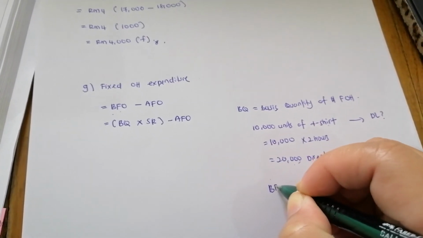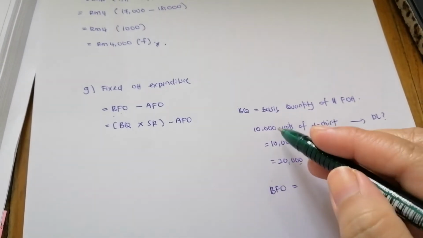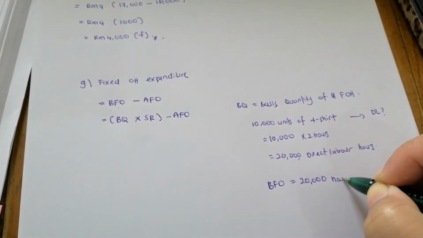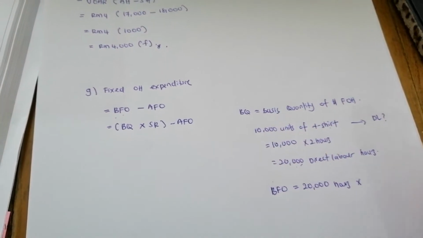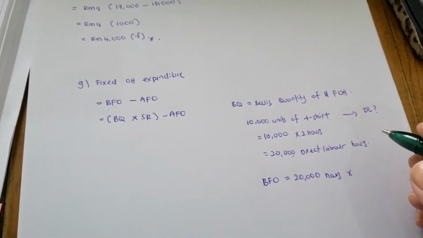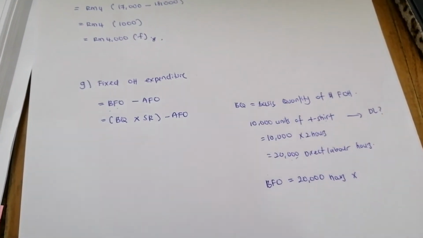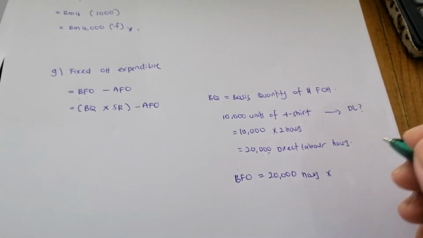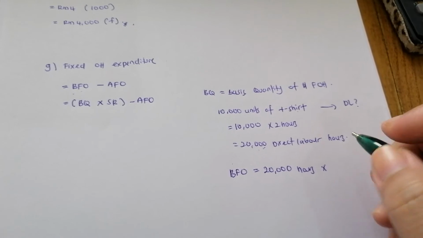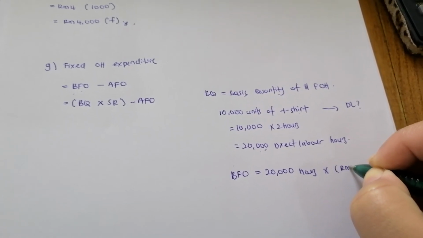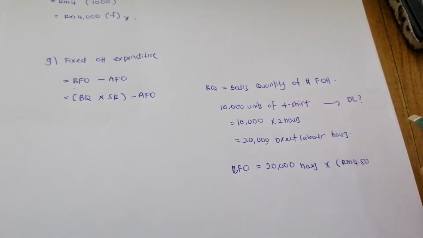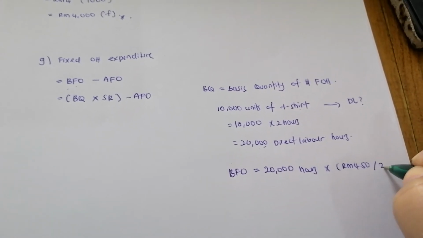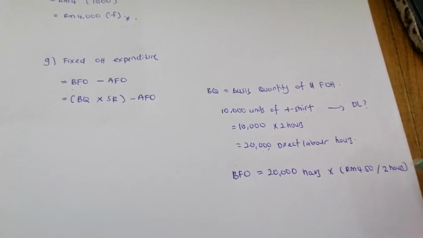So the BFO equals the 20 hours times the fixed overhead rate. Here, the RM 4.5 is per t-shirt, so we want per hour, so divide by 2 hours.